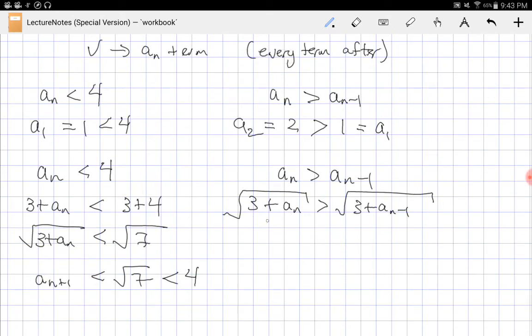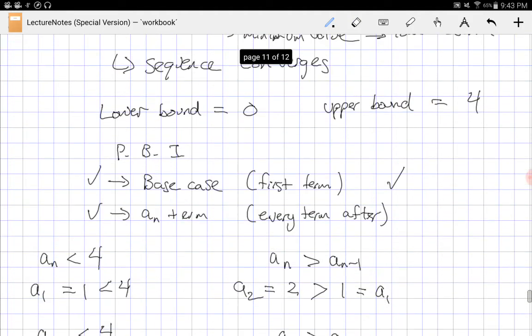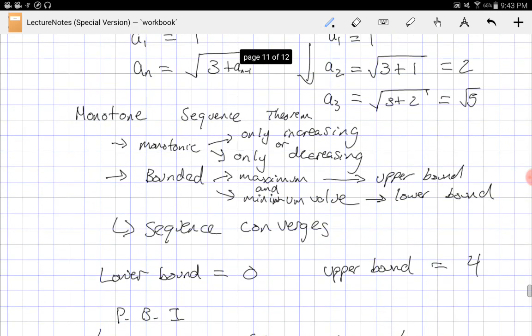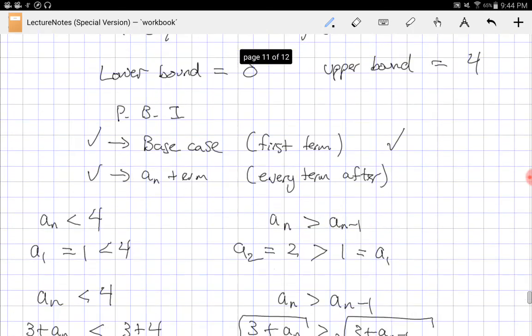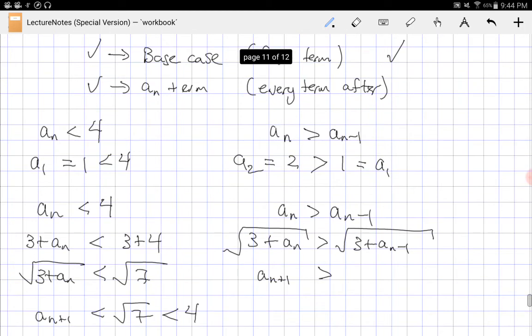This, by definition, is equal to the next term, a(n+1). And by the definition of this sequence, a(n) equals the square root of 3 plus a(n-1), which is the current term.